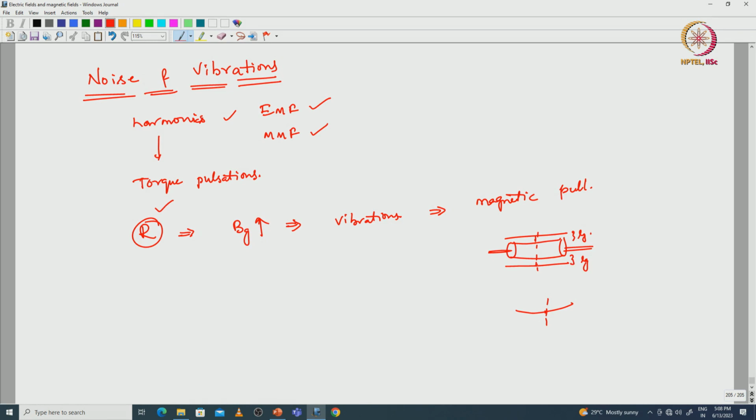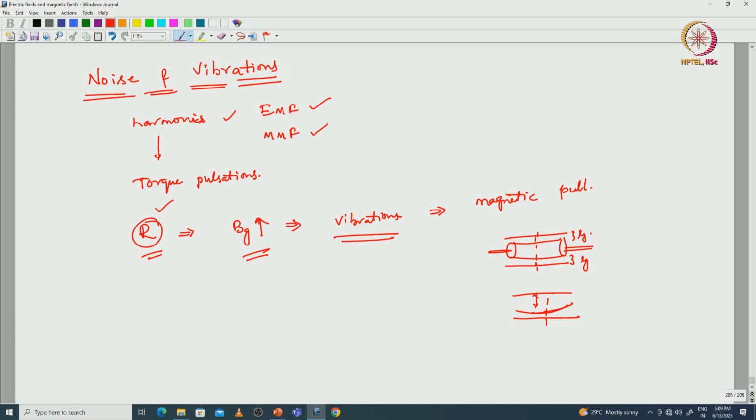During that condition also the reluctance variation will be very high, and the B fields will be different on one side. Wherever the sag is there, at that particular position the magnetic fields will be high, and wherever the sag is not there, the magnetic fields will be different. Because of that variation in magnetic fields, we will see some vibrations.